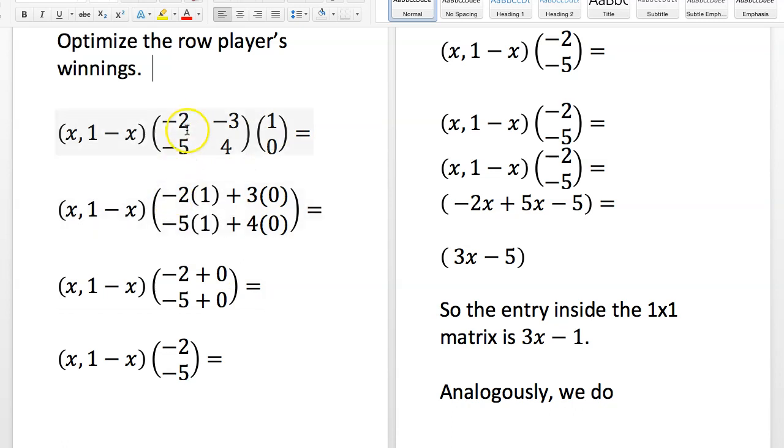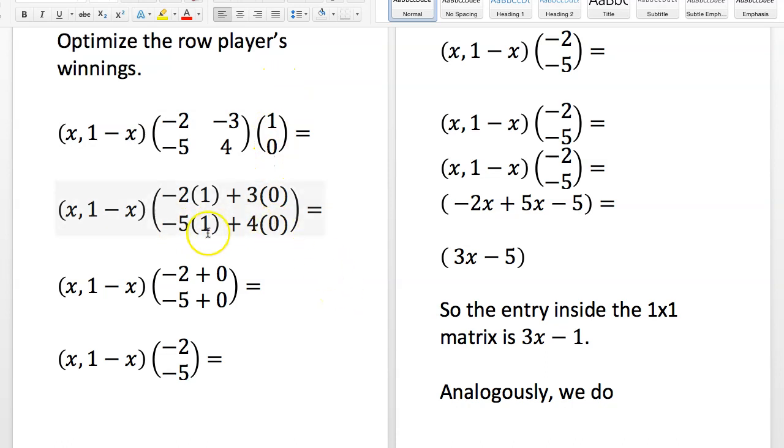So again, by matrix multiplication, you go across and then down, where the -2, 1 product plus the -3, 0 product. It's like a covector that goes down the vector. And then this covector -5, +4 goes down the main vector 1 0, and you get this.